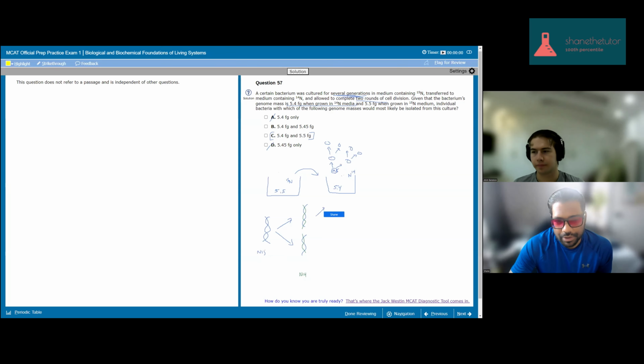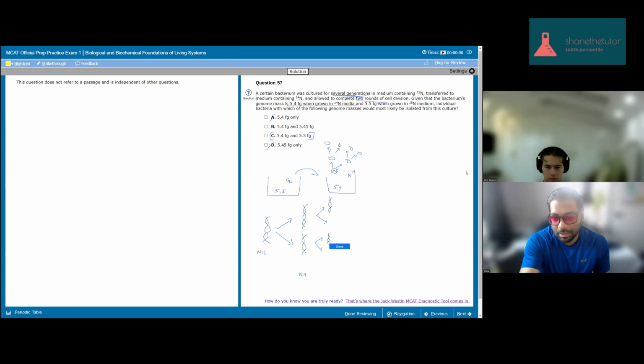And then this would unravel to give us this. And now we don't have any more of the N15 ones available. So now, this next one will have to be both N14, right?